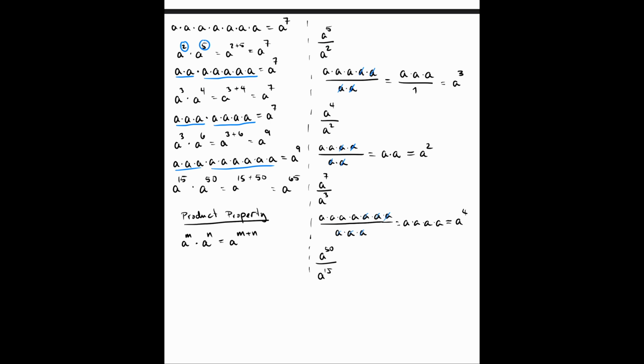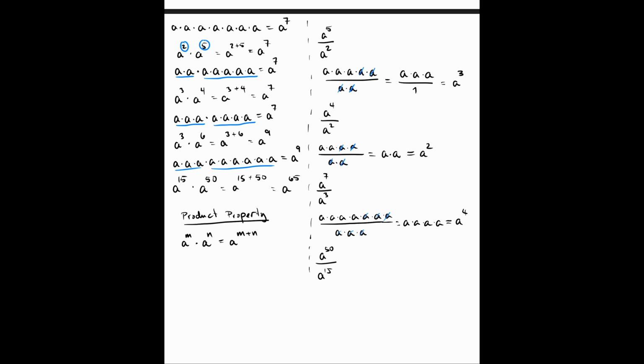Well, canceling out has to do with reducing, and this idea of reducing and taking away, because we're taking away the number of a's in the denominator from the number of a's in the numerator, this idea of taking away can mathematically be expressed by subtraction.